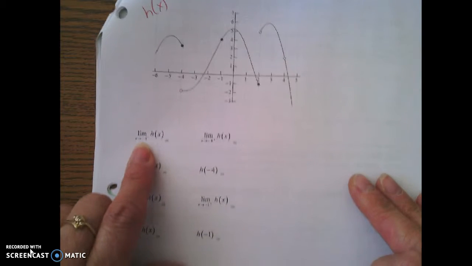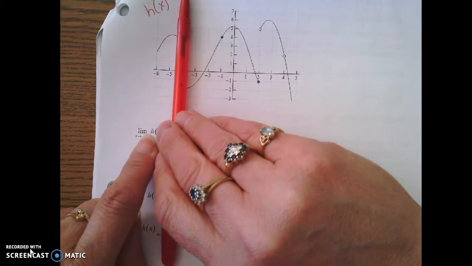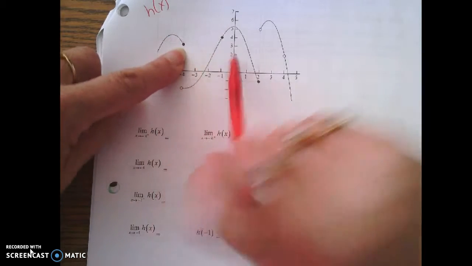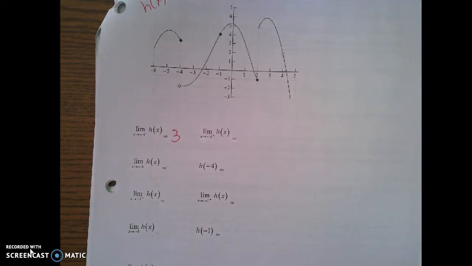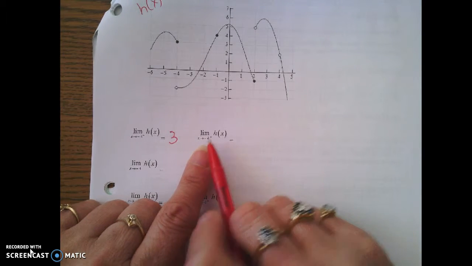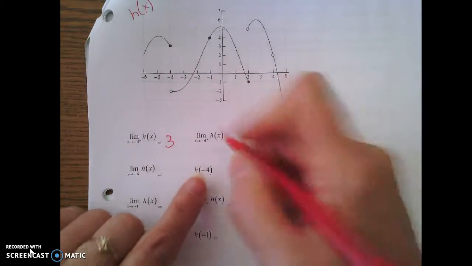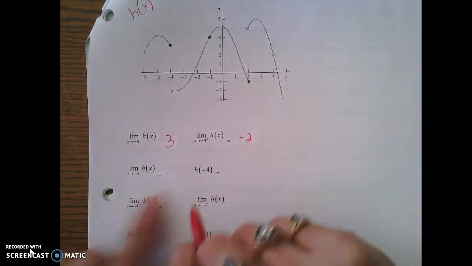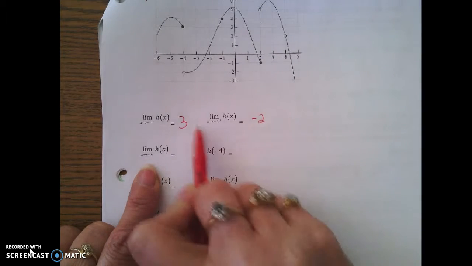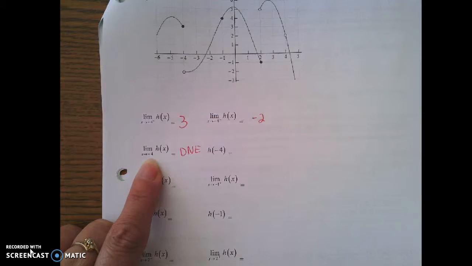We want to see what the limit is as x approaches -4 from the left. That value should be 3. Now we want to see what happens as we approach -4 from the right. The value is -2. Since those are not the same, the limit does not exist at -4.